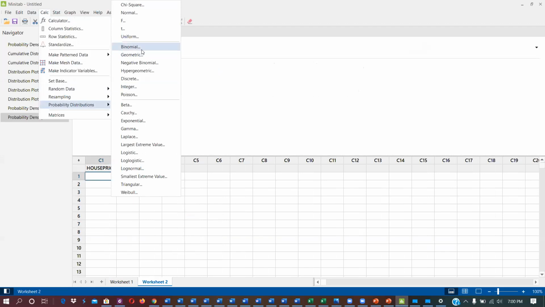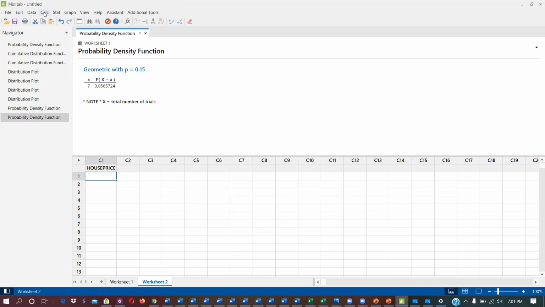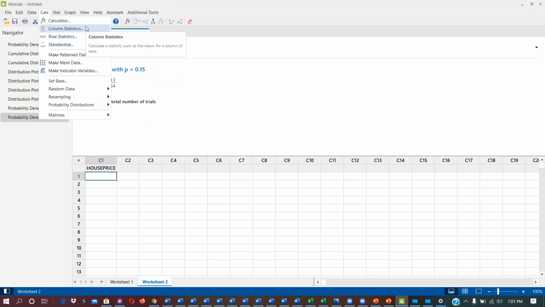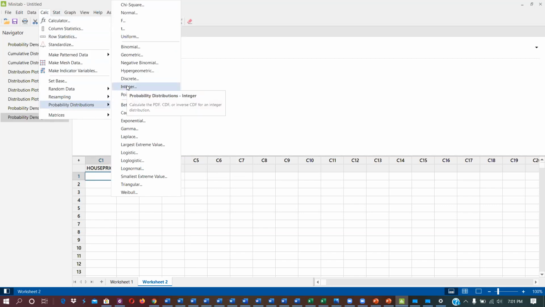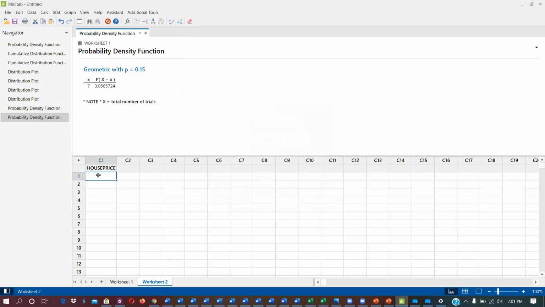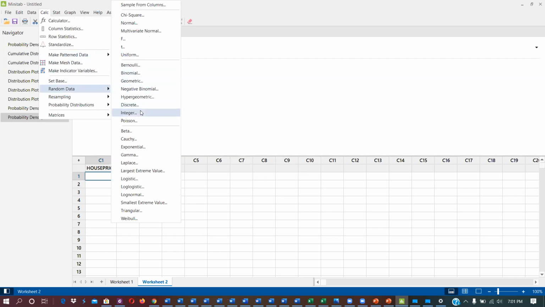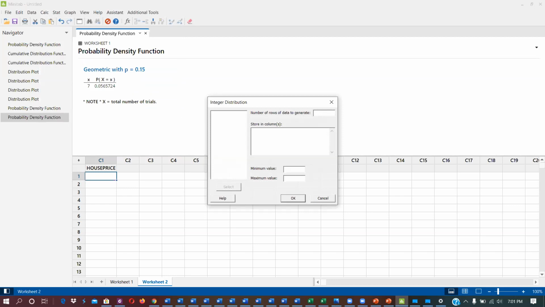So I'm just going to generate random integer data: number of rows, 1,000, store in column C1.